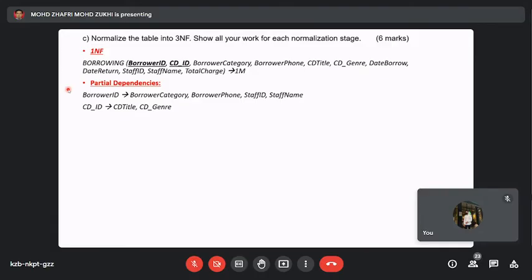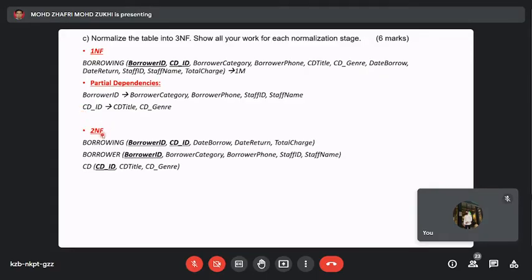Next, for the second normalization form, what you need to do is extract. First we have the bridge table only. Next, you extract the partial dependencies from this bridge table and create new tables. This is the second normalization form. So we have the bridge table borrowing, as in the first normalization form, only that the partial dependency you extract into a new table, which becomes borrower.